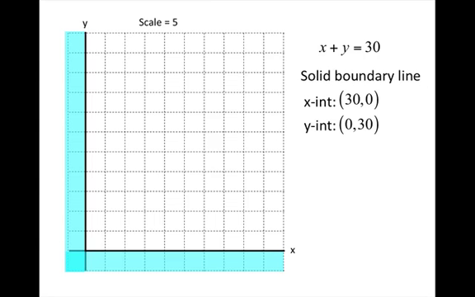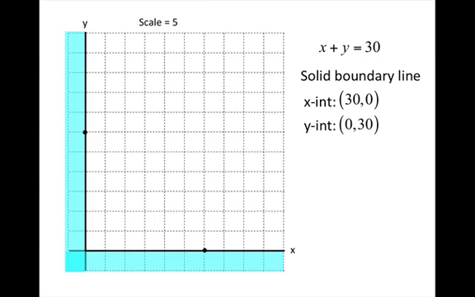Then my next equation is x plus y equals 30. So my intercepts were (30, 0) and (0, 30). I'm going to use a scale of 5. So if my scale is 5, the 30s divided by 5 give me 6. So it's going to look like the ordered pairs (6, 0) and (0, 6). You can use any scale you want.